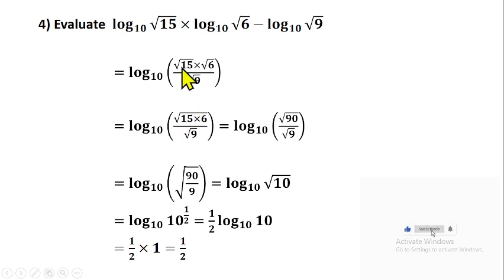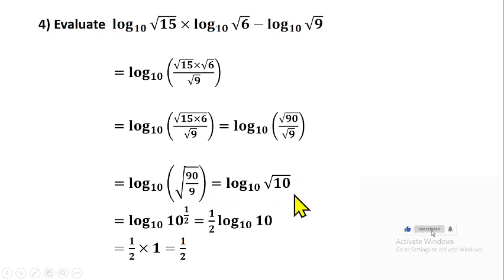If you understand roots very well, root 15 times root 6 can be written as root of 15 times 6 over root 9. Then root of 15 times 6 gives us root 90 over root 9, and this can also be written as root of 90 over 9. So this can be combined into a single root, root of 90 over 9. 90 divided by 9 gives us root 10.